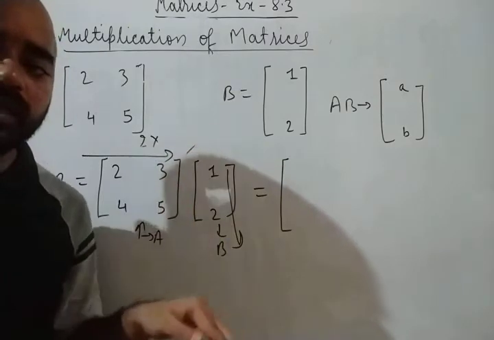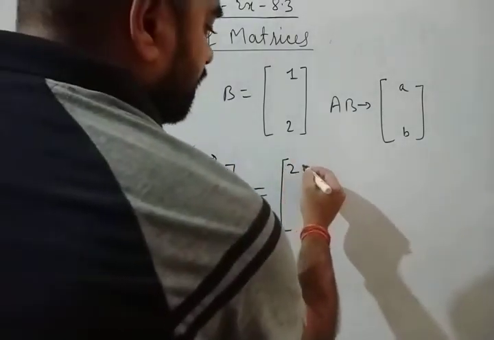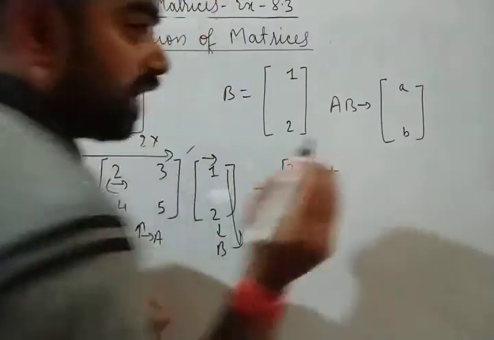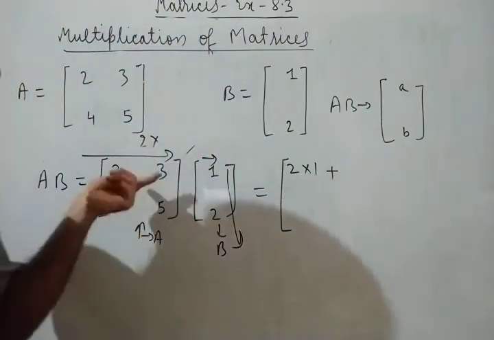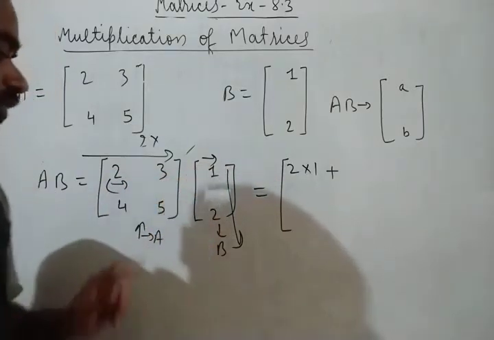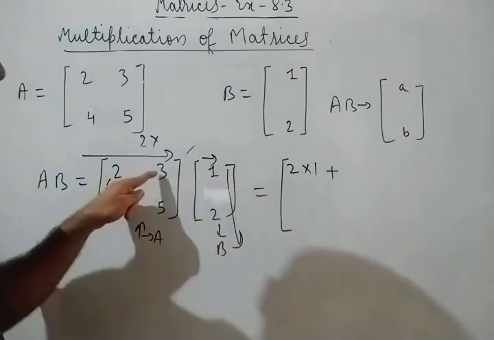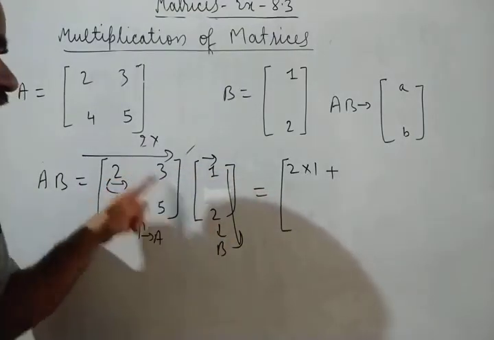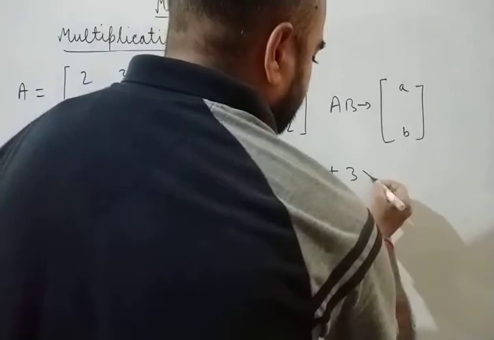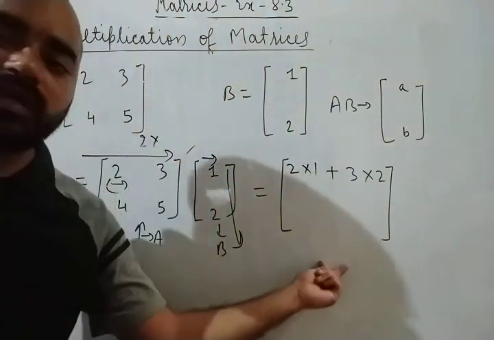Now multiply the elements: 2 is multiplied by 1, that is 2 into 1, then we add plus the second element multiplied by the second element, that is 3 into 2. This will give one element of the product matrix.